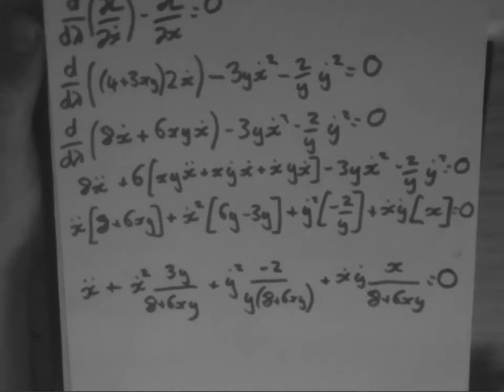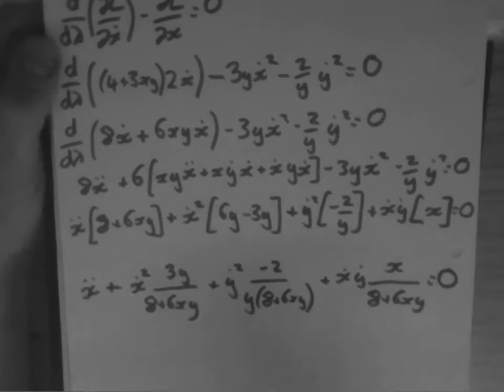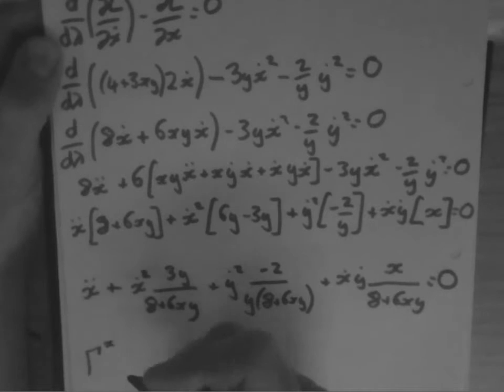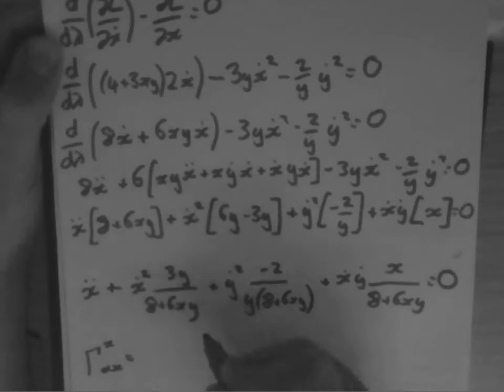Perfect. Now the final step is simply to read off from here what the Christoffel symbols are. Okay, so we're looking at the x geodesic. So this is all going to be gamma x. And the first one, the gamma x, x x term, is simply the coefficient of this one here.